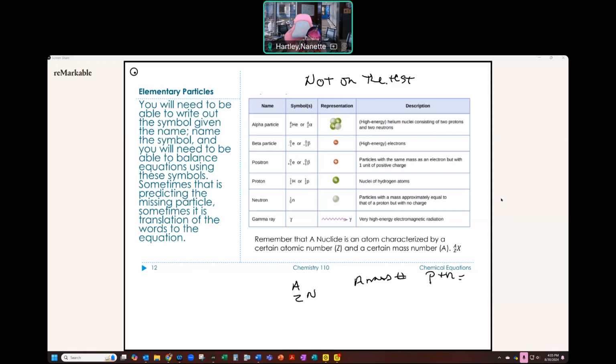That's equal to A. Z is the number of protons. And X is the atomic symbol, and that atomic symbol is determined by the number of protons that that thing has. Okay, so don't forget about that.